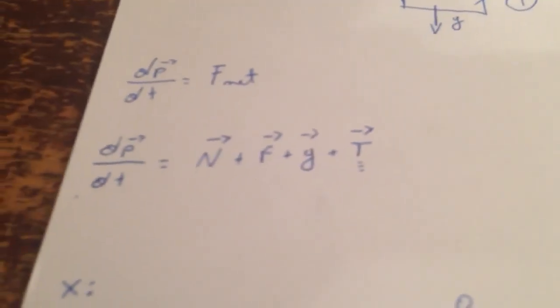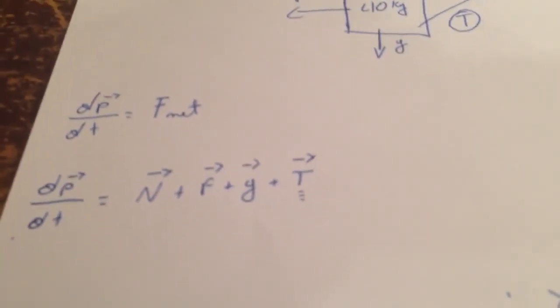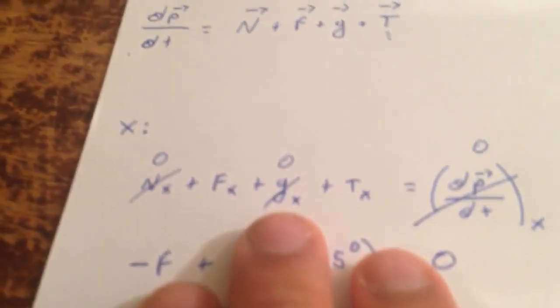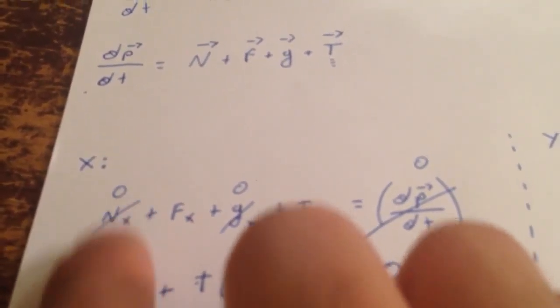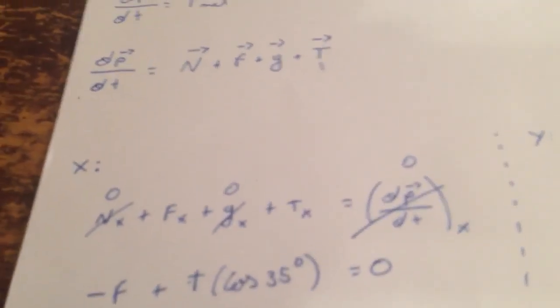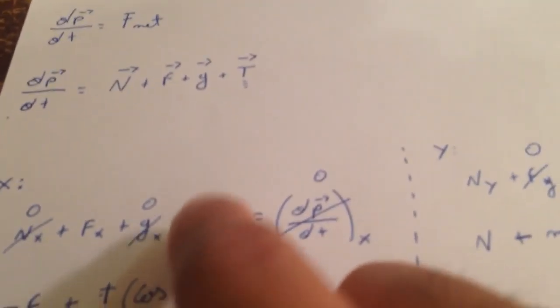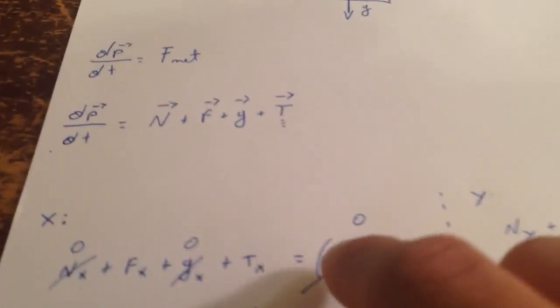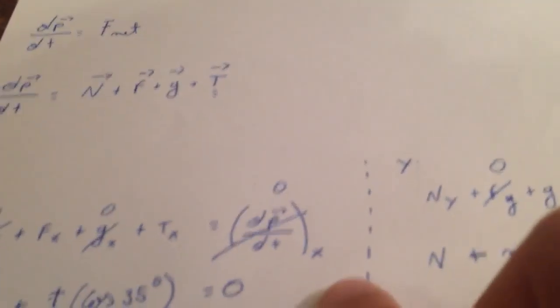To make your life and my life easier, I separate my vector equation like this, finding my first section and then my second section. In the x direction, the normal force in x plus the frictional force in x plus the gravitational force in x plus the tension force in x has to equal the change in momentum in the x direction.